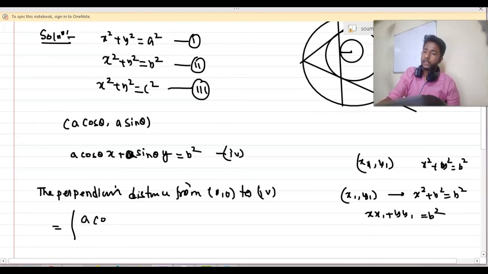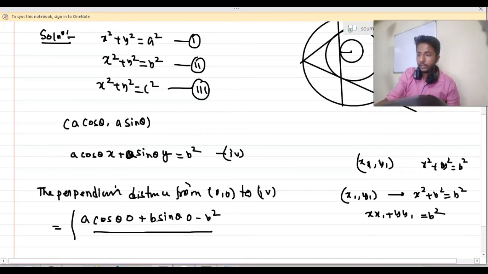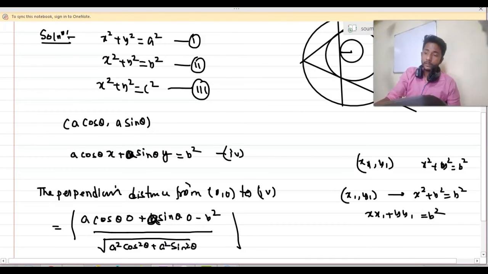So I am doing this: a cos theta into 0 plus a sin theta into 0 minus b square by root over of a square cos square theta plus a square sin square theta.